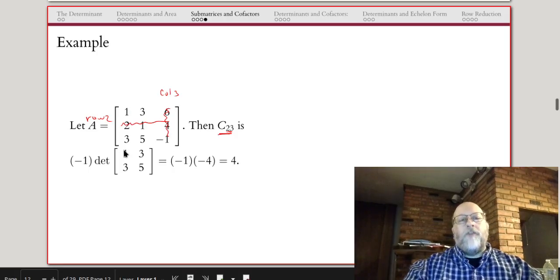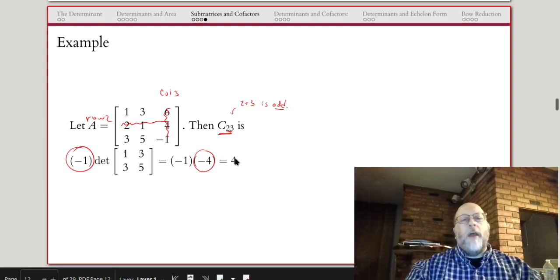That leaves me with the matrix 1, 3, 3, 5. And that determinant would be 5 minus 9, which is -4. But because 2 plus 3 is odd, we also include a factor of -1. And so the cofactor is +4 and not -4.